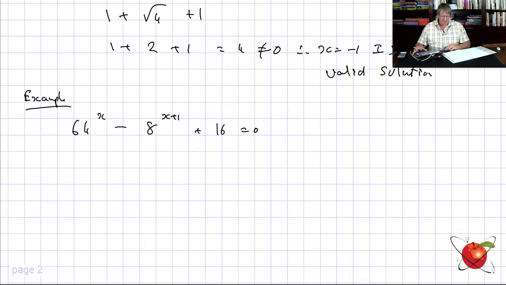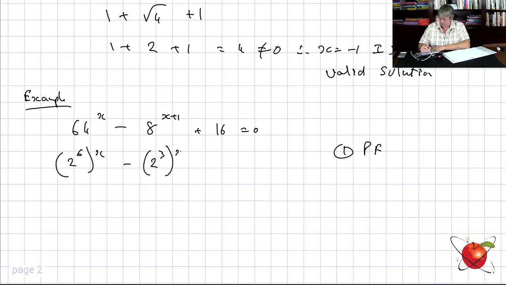Okay, we're kind of here now saying, well, what are we going to do? What did we say? Step 1, prime factors. Well, let's do it. This is 2 to the power of 6 with an x on the outside, minus 2 to the power of 3 with the x plus 1, plus 2 to the power of 4 equals 0. We're not sure yet how this is going to shake down, are we?